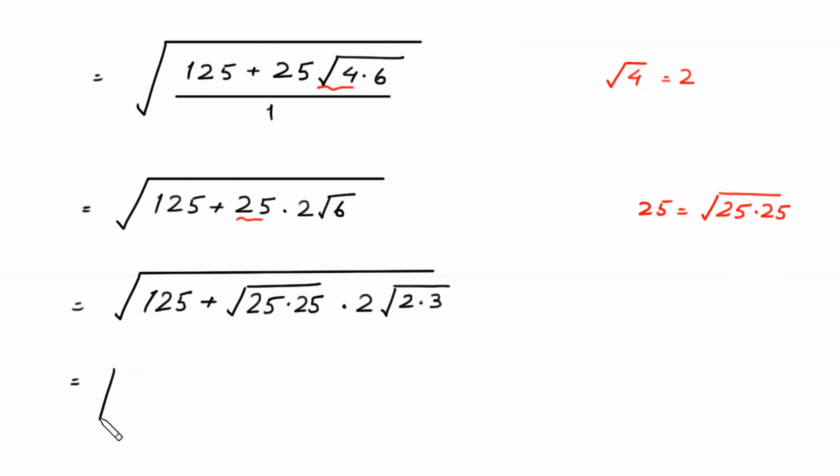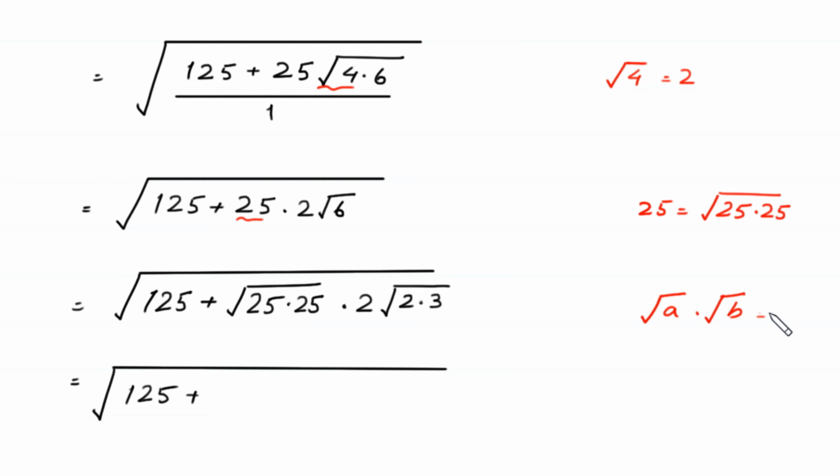Next, square root of 125 plus, according to this property, square root of a times square root of b is equal to square root of a times b.